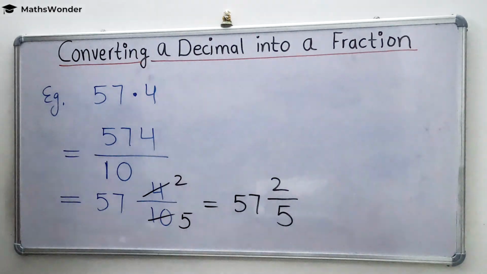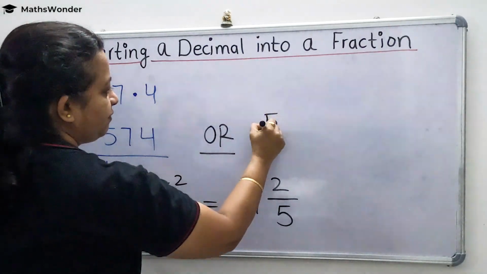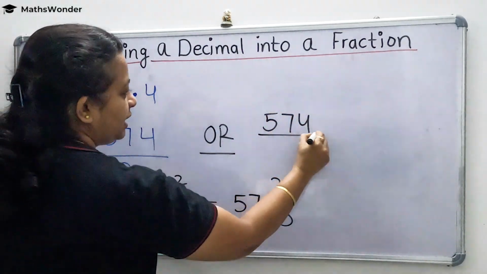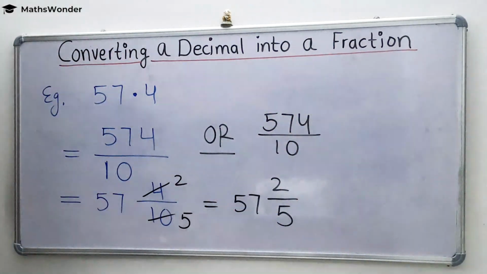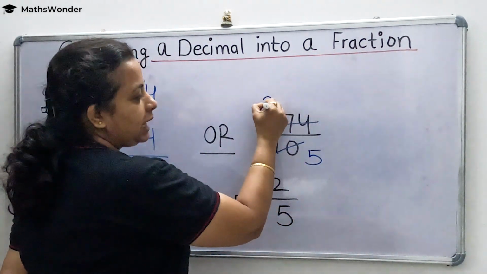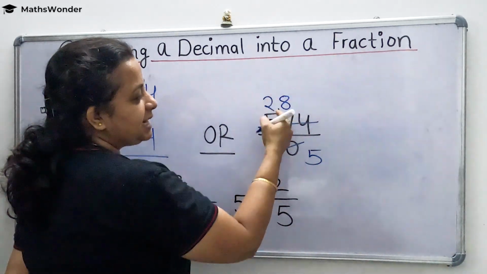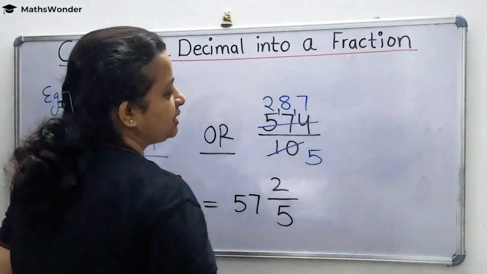This is one variation. The second variation is, you can reduce 574 over 10 directly. 2 times 5 is 10, 2 times 2 is 4, carry over, it's 17; 2 times 8 is 16, carry over, it's 17.